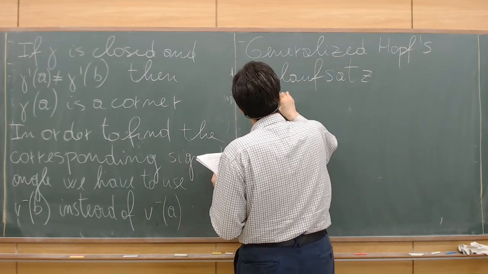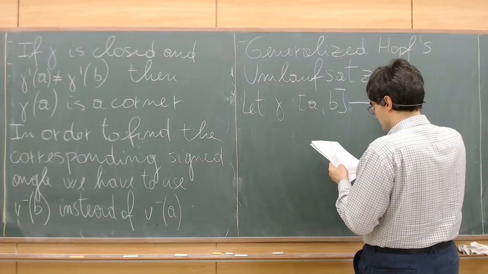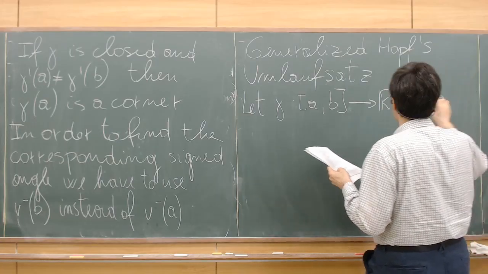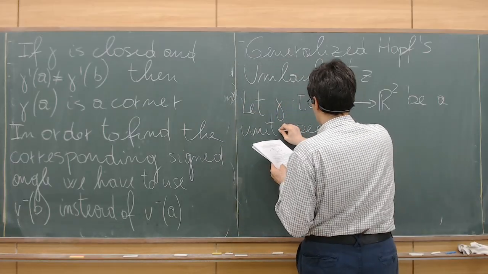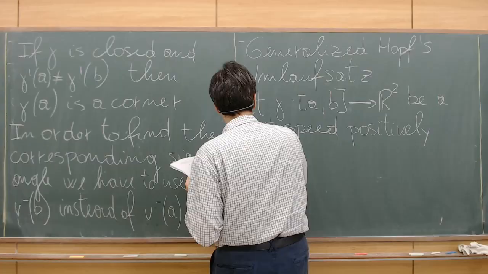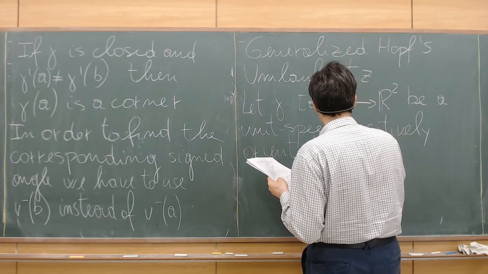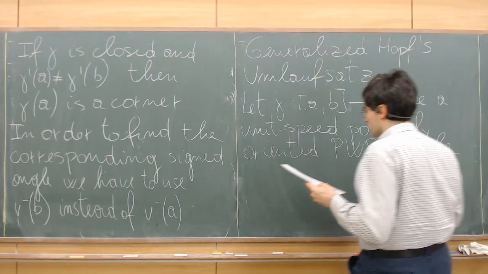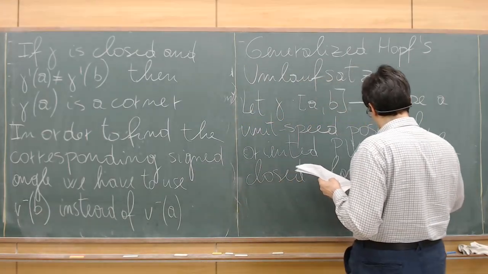Suppose that gamma is defined on a closed interval with values in R2, and has unit speed, is positively oriented, and is a piecewise regular simple closed plane curve.